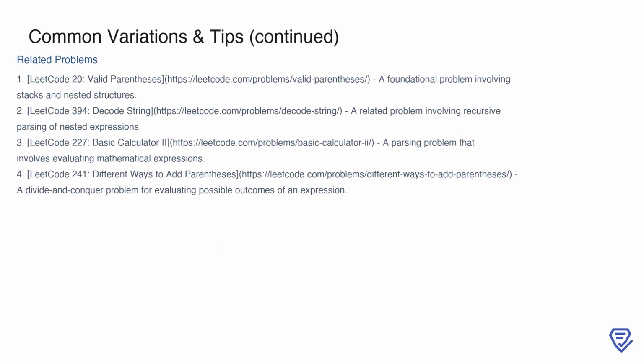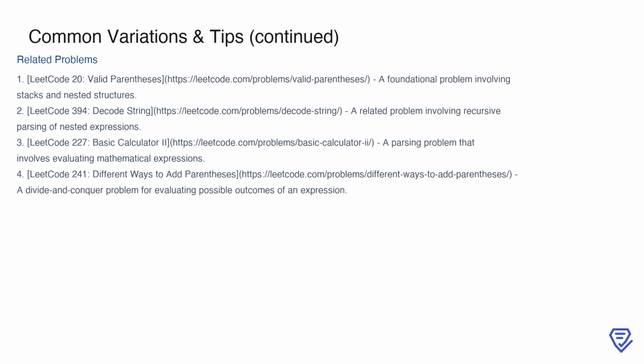To deepen your understanding, it's helpful to explore related problems. For instance, LeetCode 20 valid parentheses focuses on working with stacks and nested structures, which is a foundational concept for this type of problem. Another excellent example is LeetCode 394 decode string, which involves recursive parsing of nested expressions.